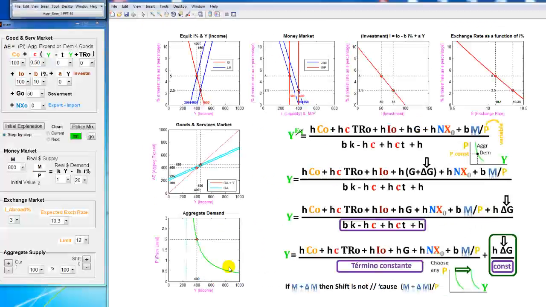Now what happens when you use fiscal policy, increasing government expenditure, or for example monetary policy, changing M? Well, in both cases something similar happens, but not exactly the same.